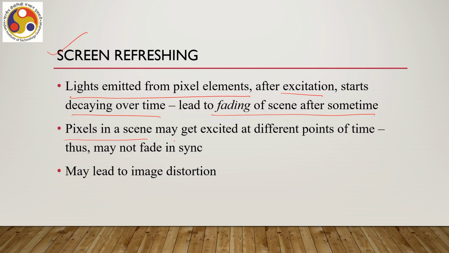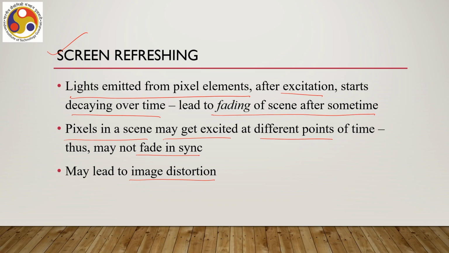Pixels in a scene may get excited at different points of time and hence may not fade in sync, which may lead to image distortion. When we are rendering on a raster scan device, we follow a left to right, top to bottom manner.